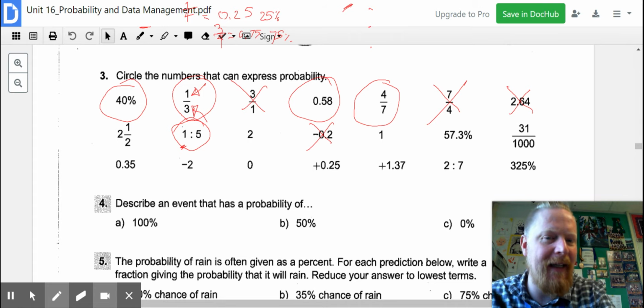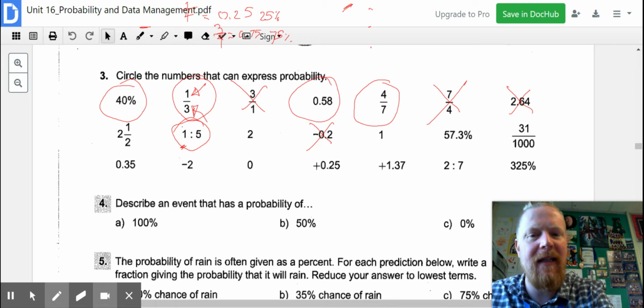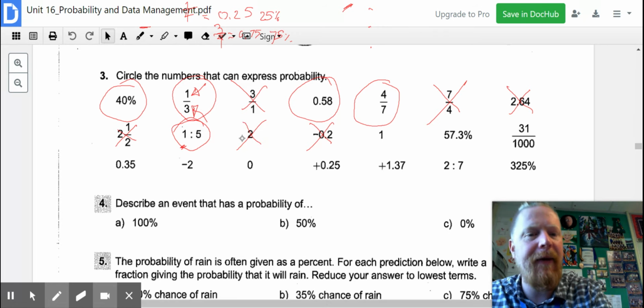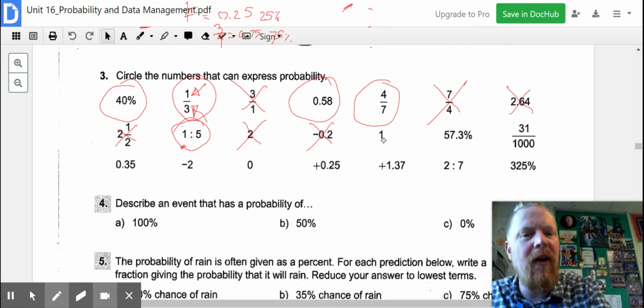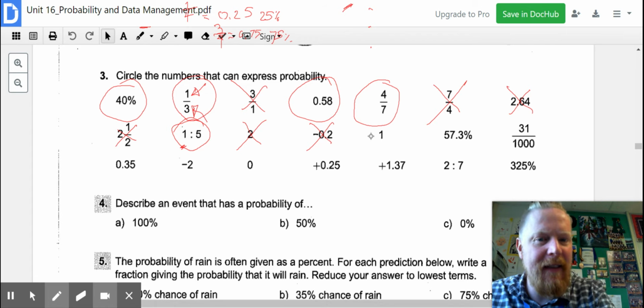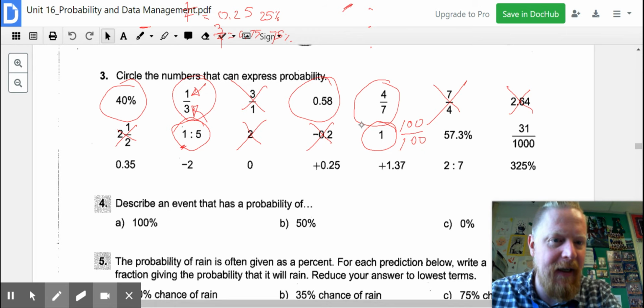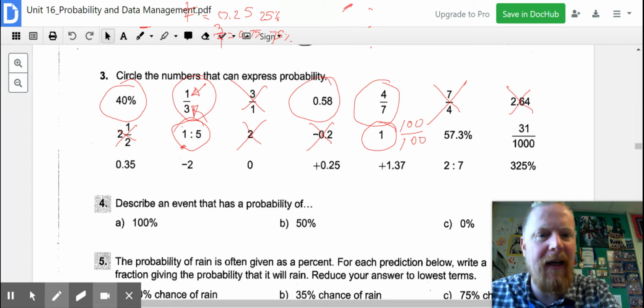Okay? A probability is some number that's greater than or equal to 0. Okay? No number that's greater than 1. We already said that one. Okay? Can you have a probability of 1? Yes. A probability of 1 is 100 out of 100. That's a sure thing. That's 100%. Okay?